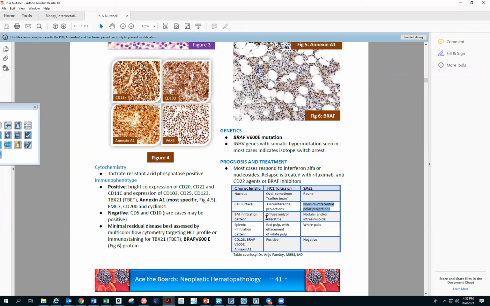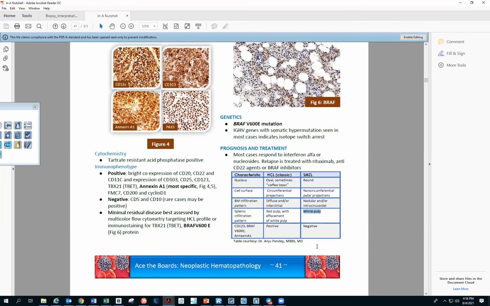And then bone marrow infiltration pattern is diffuse or interstitial with the fried egg typical in the case of hairy cell; this one is more nodular or intrasinusoidal. Splenic infiltration pattern, this is more of red pulp, this is more of white pulp. In this, the white pulp is atrophic. And then CD123, BRAF V600E, and annexin A1 are positive here, they will be negative here.